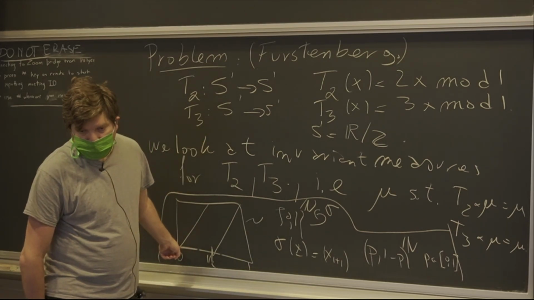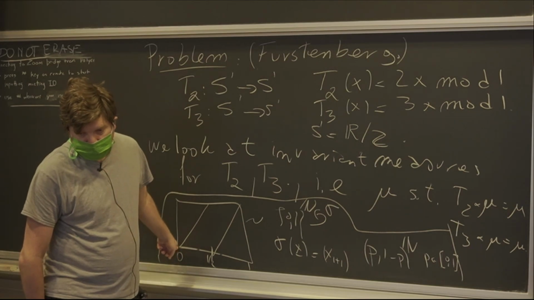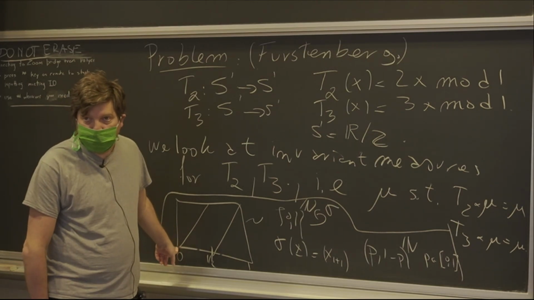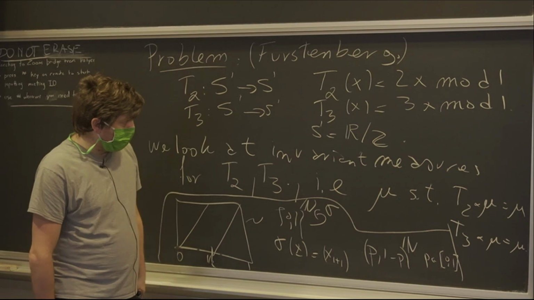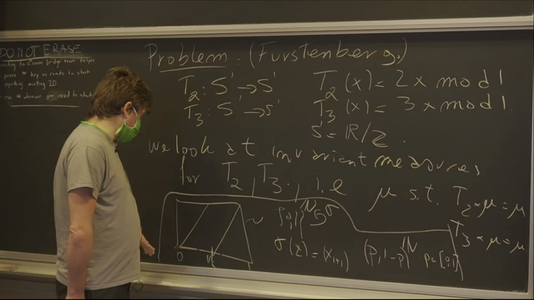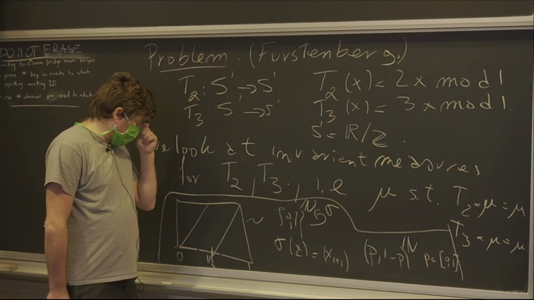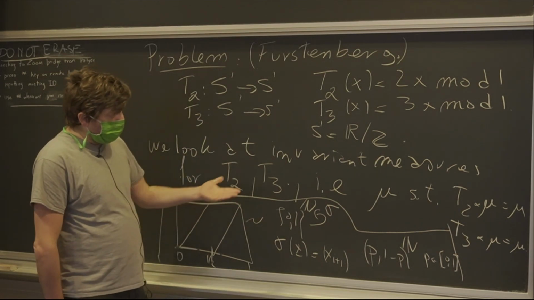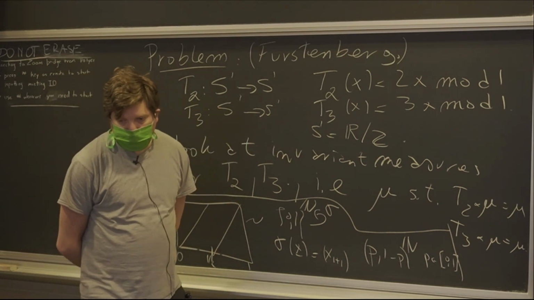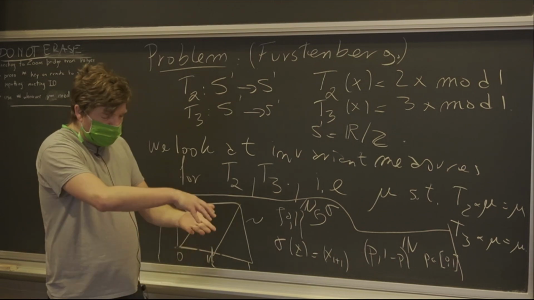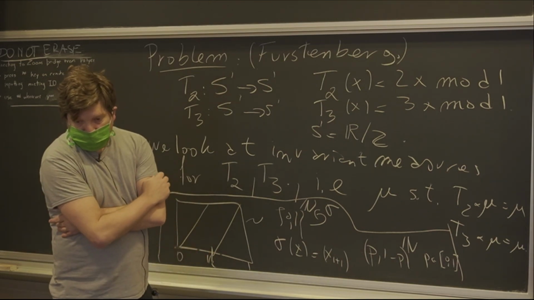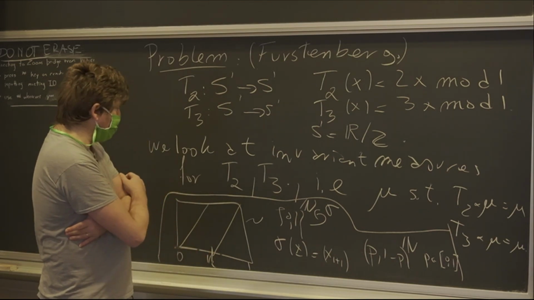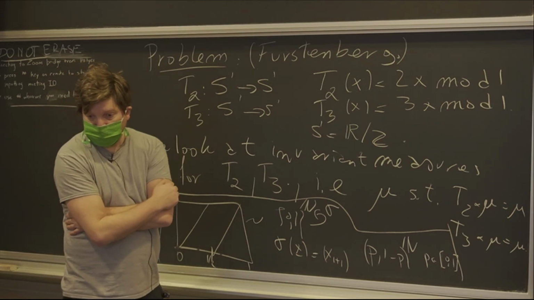Delta at 0 is a fixed point for times 2 and for times 3, so you get invariance by times 2 and by times 3. And if you have a finite orbit for times 2 times 3, then these finite orbits will carry an invariant measure. And the question of Furstenberg is: is there any other invariant measure?